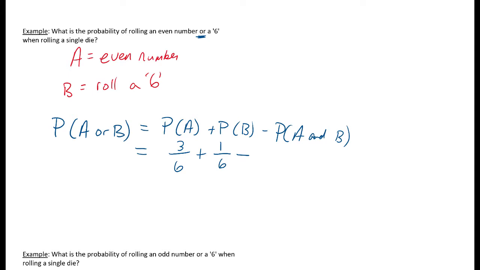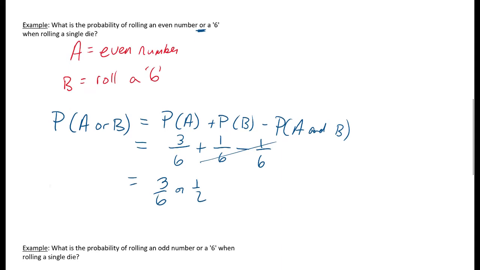So it is possible for us to roll an even number and a 6. In fact, a 6 is an even number. So the probability of A and B will be 1 out of 6. Because to roll an even number and a 6, that means we have to roll a 6. The probability of rolling a 6 is 1/6. Okay. Just adding these together, well, the 1/6s cancel each other. So the final answer is just 3/6, or a half if you want to reduce that. Okay, that's the probability of A or B.